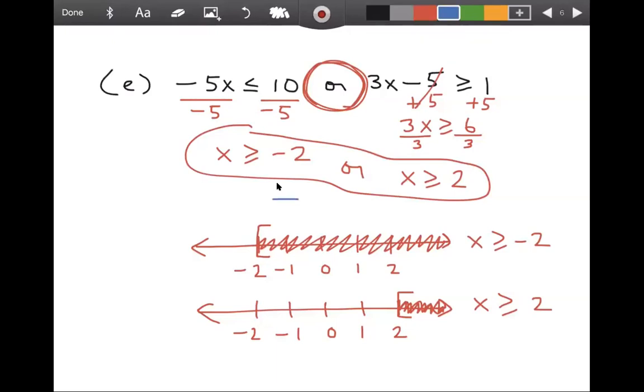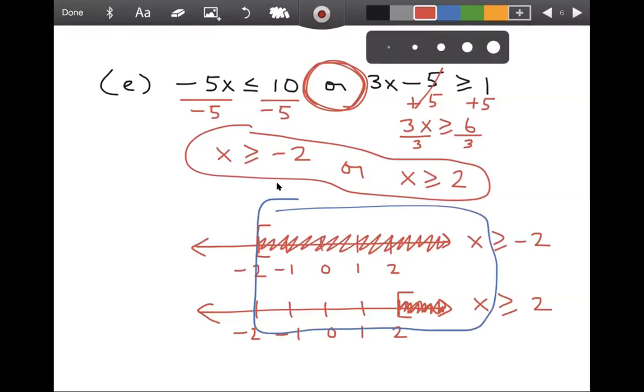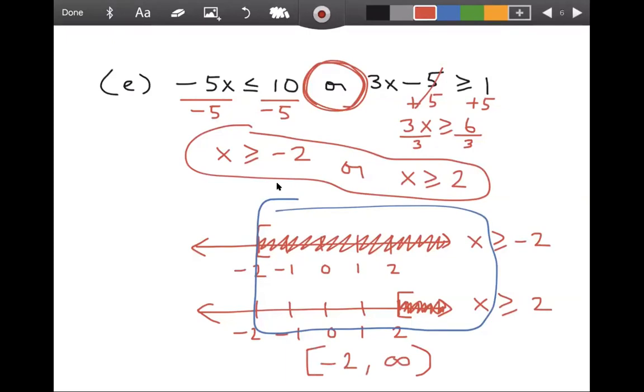This time we're talking about all of these values of x, everything that is greater than or equal to -2. So in interval notation, there it is. That would be bracket -2, comma, infinity. And remember, the infinity symbols always get a parenthesis.